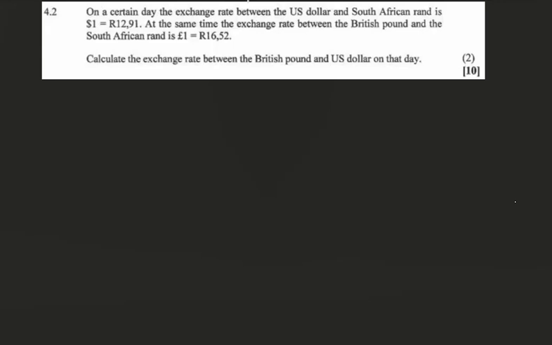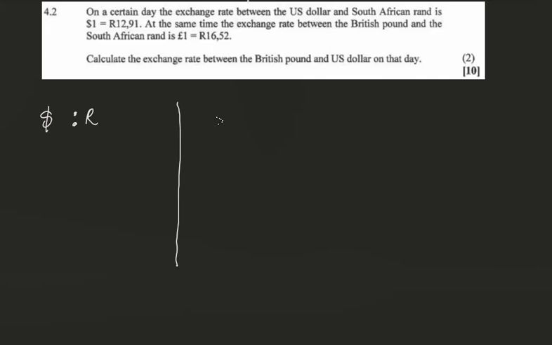That's a tricky one. Let's do it this way now. Let's say I have the rand. So I have the US dollar compared to the rand, right? What else do I have? Let me divide this page.